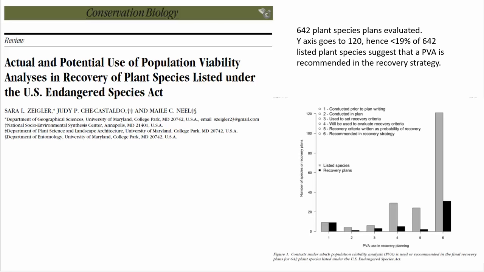So here you have a peak of about 120 species, or less than 20% of these taxa having a listed species, suggesting that a PVA is recommended in the recovery strategy.